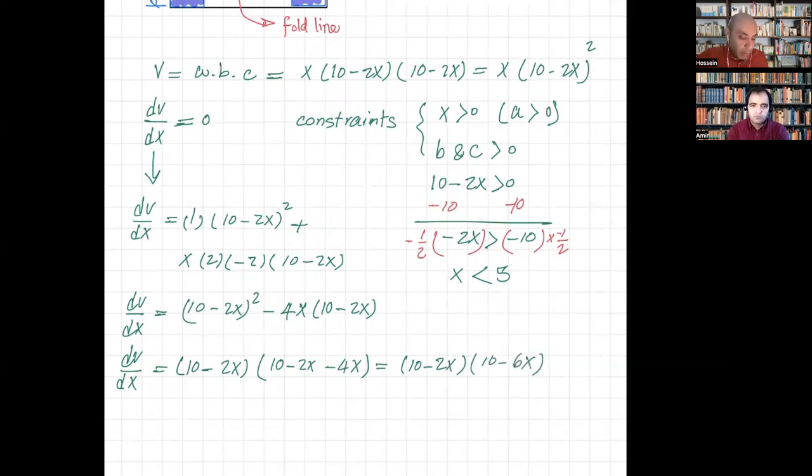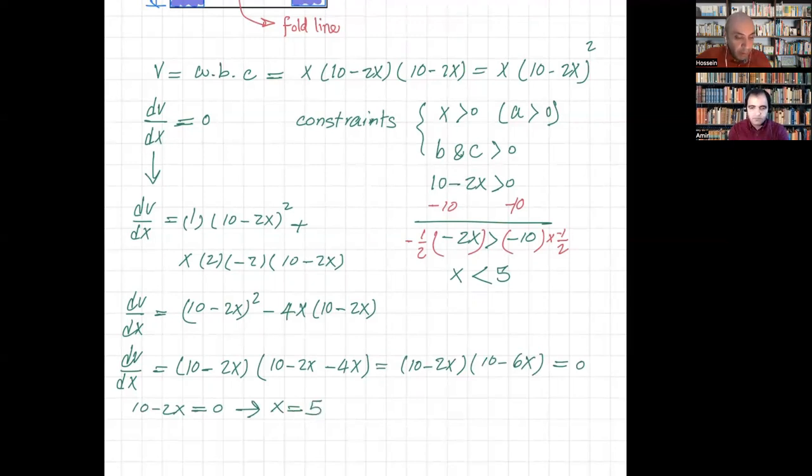And then I want to make this equation 0. That means either the first term is 0 or the second term is 0. So 10 minus 2x equals 0, then x has to be 5.